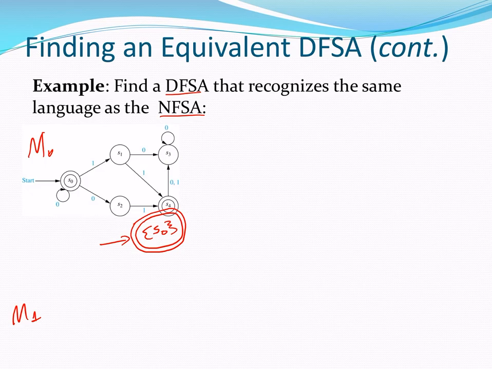All right, so in S0, if a 0 comes in, it goes to two different states. It goes to state 2 and state 0. So we create a new state with the set containing S0 and S2 as the label for our new state in M1.